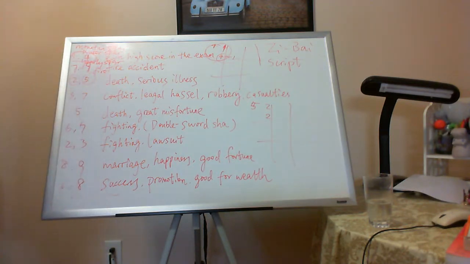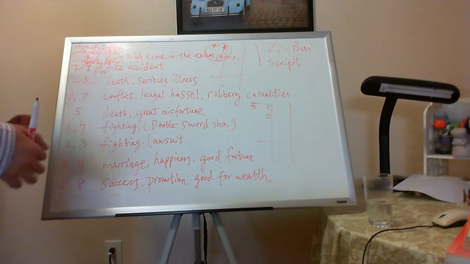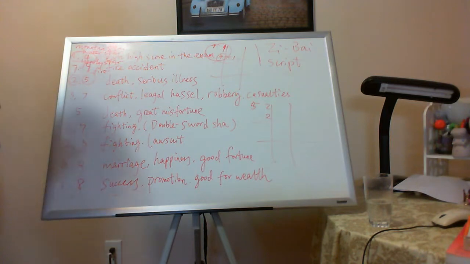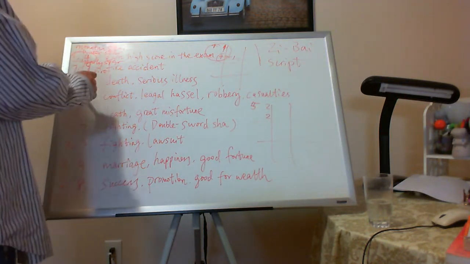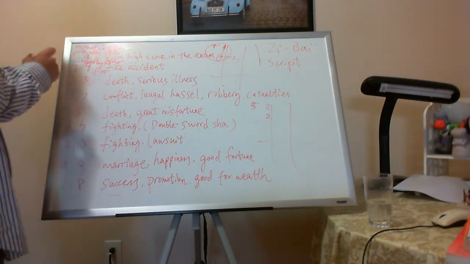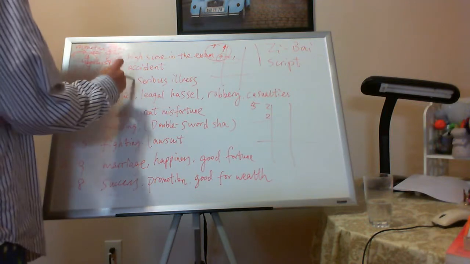They will reinforce each other, and the power will be even stronger than just one star. So the conclusion in the Zi-Bai script is death.